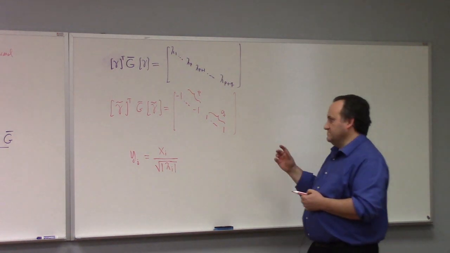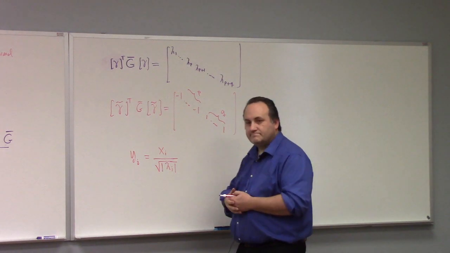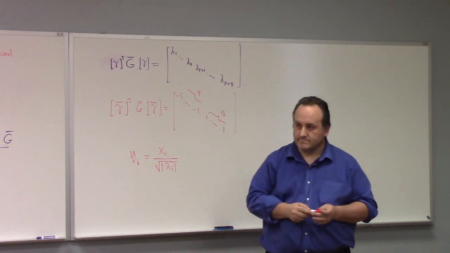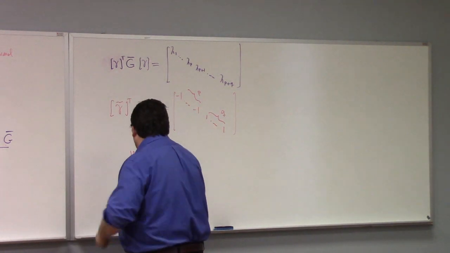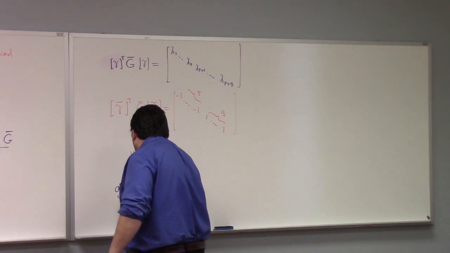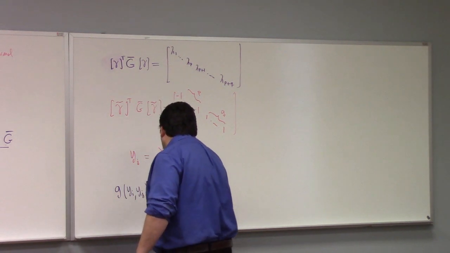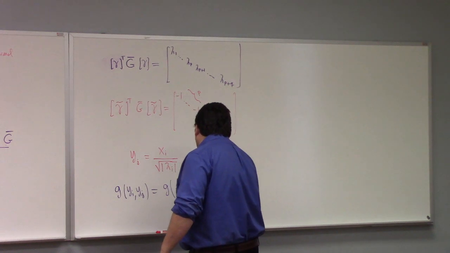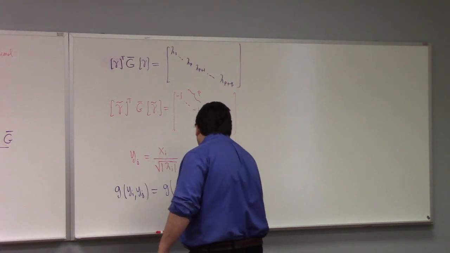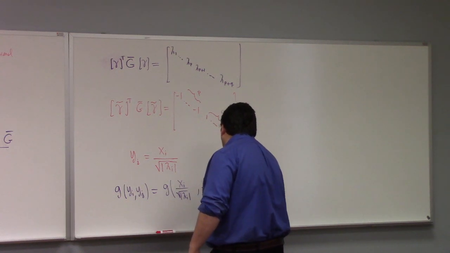And if I do that, I get this. So going back to G, I've got G of yi, yj is equal to G of xi over the square root of the absolute value of lambda i, comma, xj over the square root of the absolute value of lambda j.